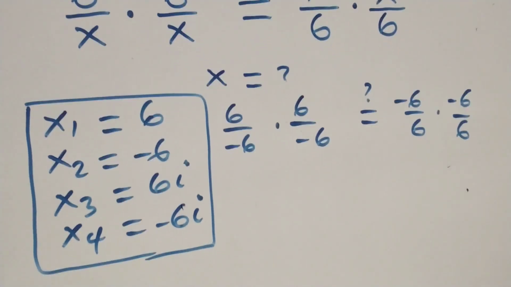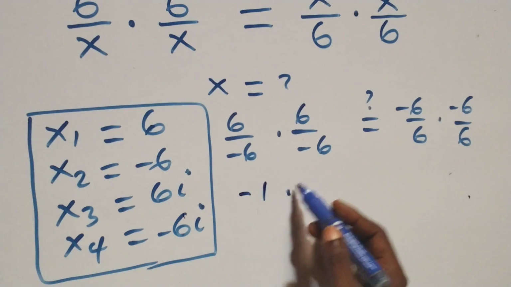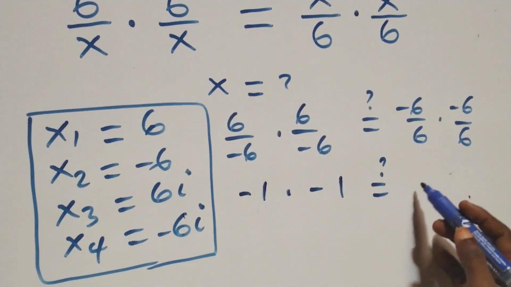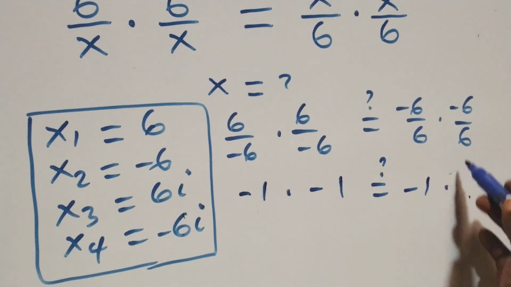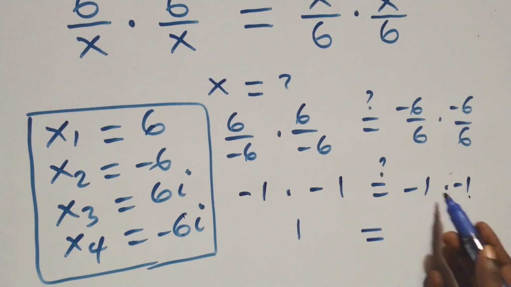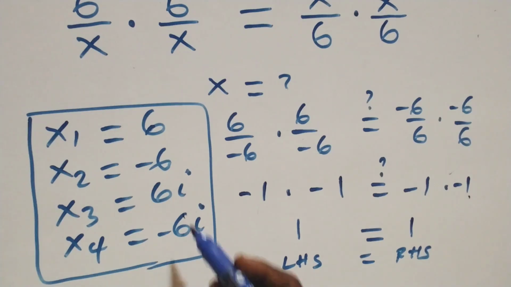Then 6 over minus 6, I write that as minus 1, times also minus 1, is equal to minus 6 over 6, the same thing as minus 1 times also minus 1. And minus 1 times minus 1 becomes plus 1. So we have 1, which is equal to also minus 1 times minus 1, becomes plus 1. And hence the left hand side equals the right hand side. And therefore, minus 6 also satisfies this given problem.